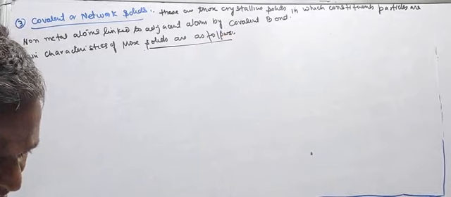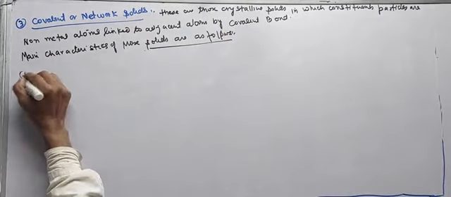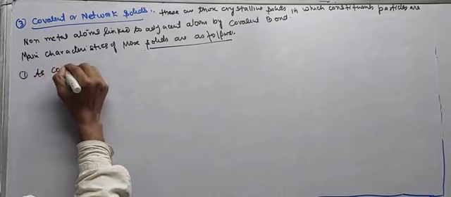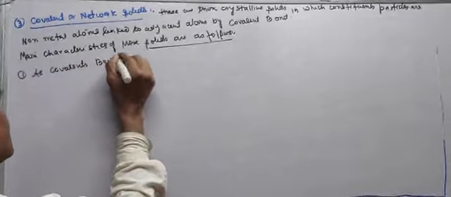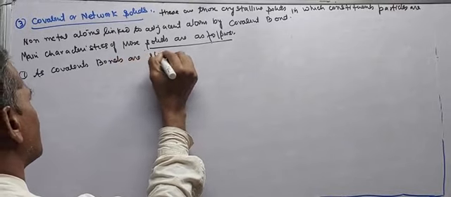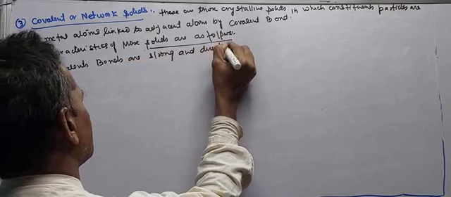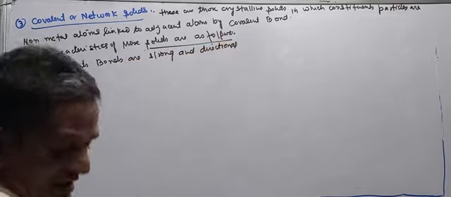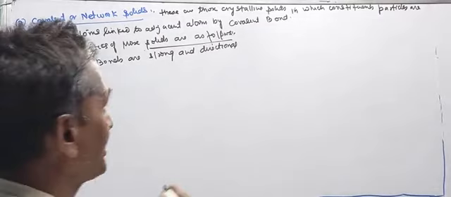Number first, as covalent bonds are strong and directional, these solids are very hard and brittle.